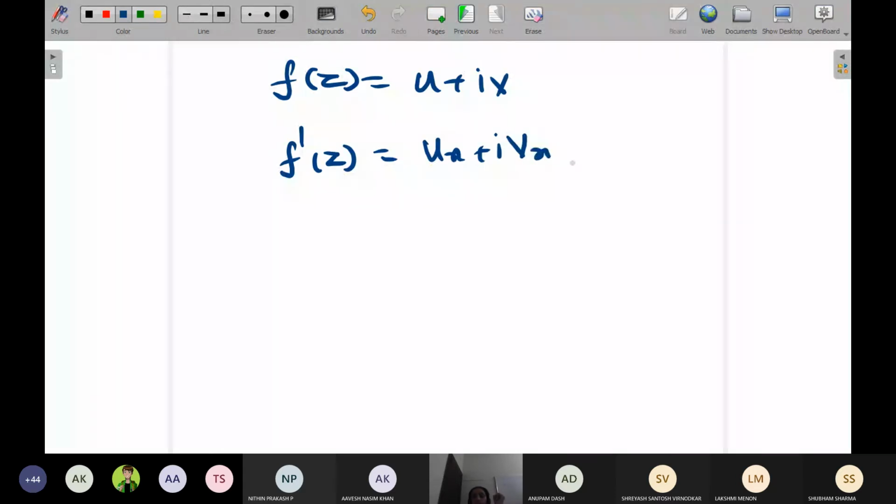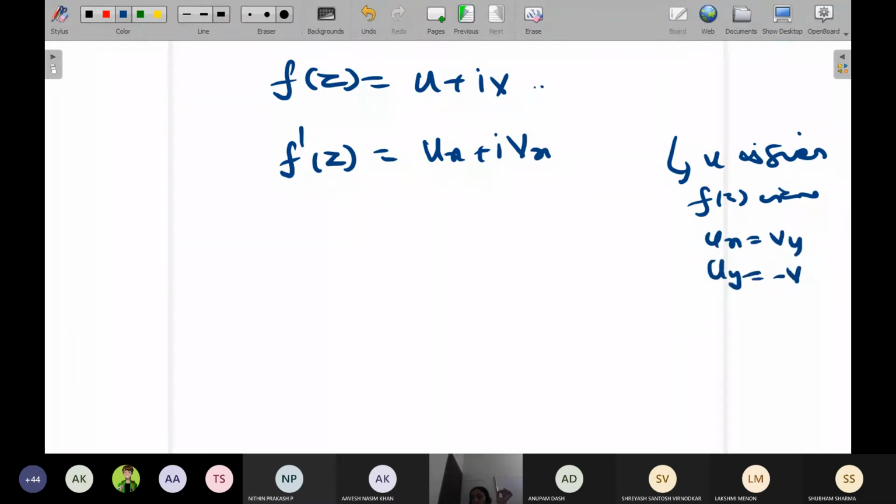Now, what is given? u is given. Now, we will try to change this vx in terms of u itself. How can we change this? We are taking the question itself, construction of analytic function. f of z is analytic. Since f of z is analytic, ux will be equal to vy and uy will be equal to minus vx.